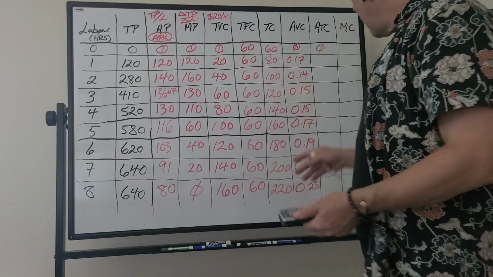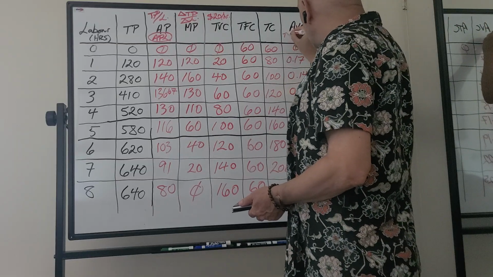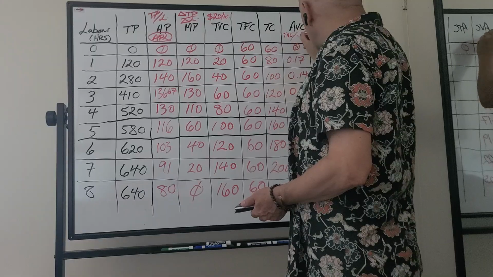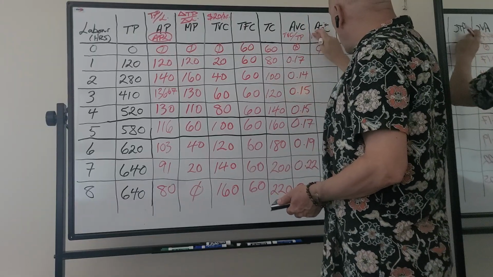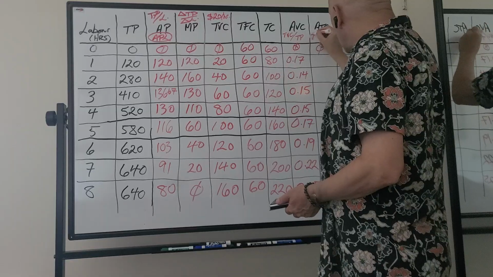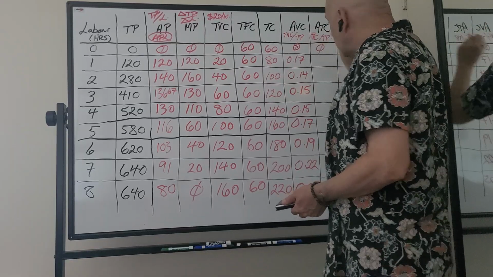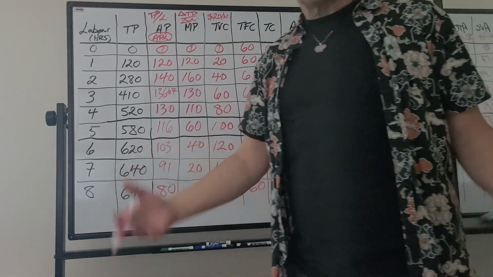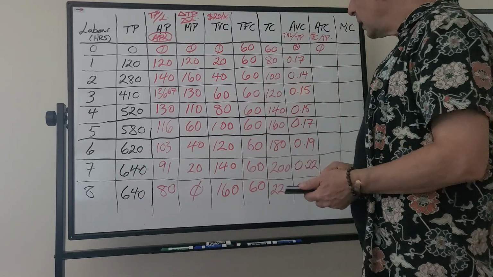So now, here we were taking our total variable cost divided by our total product. Here we're going to take our total cost divided by the total product, right? What is the total of all the costs, and how does that translate into each product?